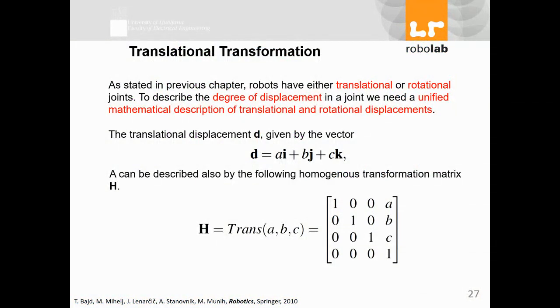Therefore, every point or every vector like D in a three-dimensional space, if it has x, y, z components, like A, this one is B, this one is C, can be represented as D equals A, B, C in direction of i. i is the unit vector in the direction of X. j is the unit vector in the direction of Y. And k is the unit vector in the direction of Z. This is kind of tradition in mathematics to show it in this way.